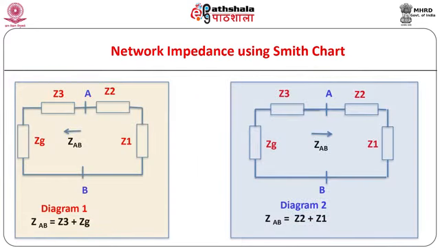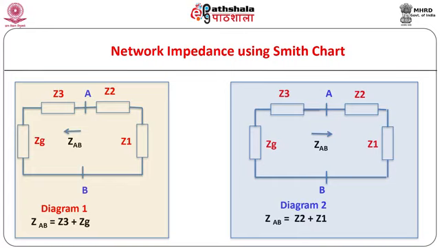Many a times, while specifying the network impedance, the phrase "as seen from so and so terminals" is used. To remove the ambiguity, if any, an arrowhead can be used indicating the direction of measurement of the network impedance.